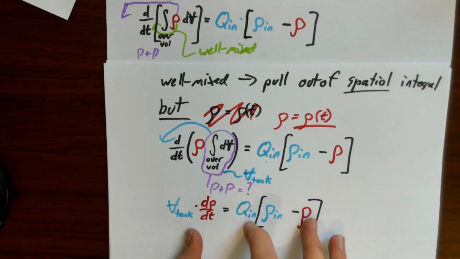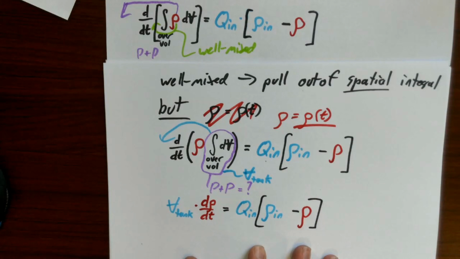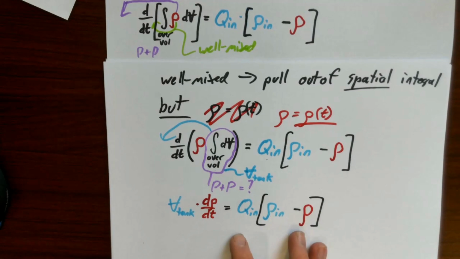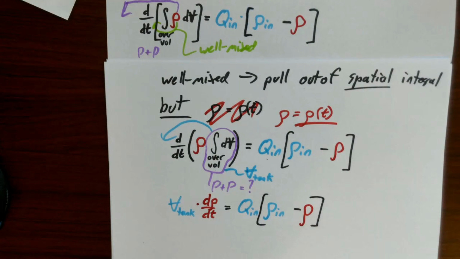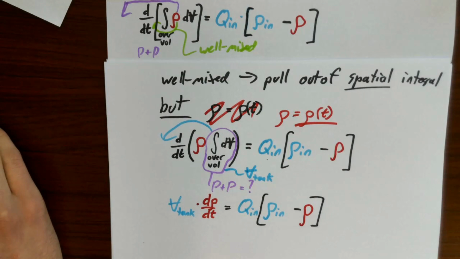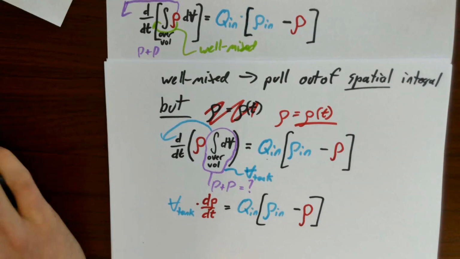Our strategy is to solve this differential equation, and then we might need to apply boundary conditions or initial conditions to help deal with unknown constants of integration that come up in the process. So stay tuned. Next steps are to solve this differential equation.